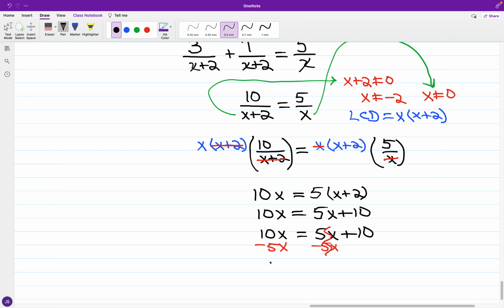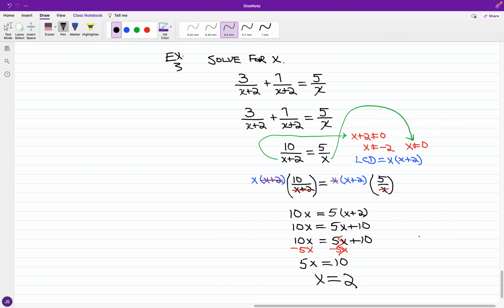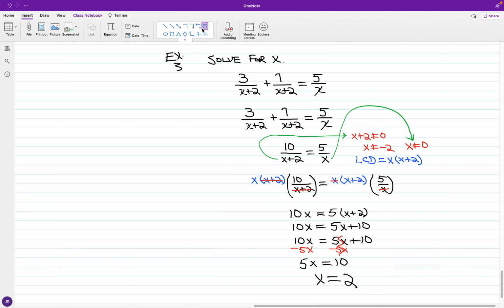So 10x minus 5x becomes 5x, and 5x is equal to 10. With division by 5, the quotient is going to be 2, so you have x is equal to 2. And the restrictions that x be not negative 2 as well as 0 are satisfied. So that's another case of a rational equation, and in this case, we have the unique solution at 2.